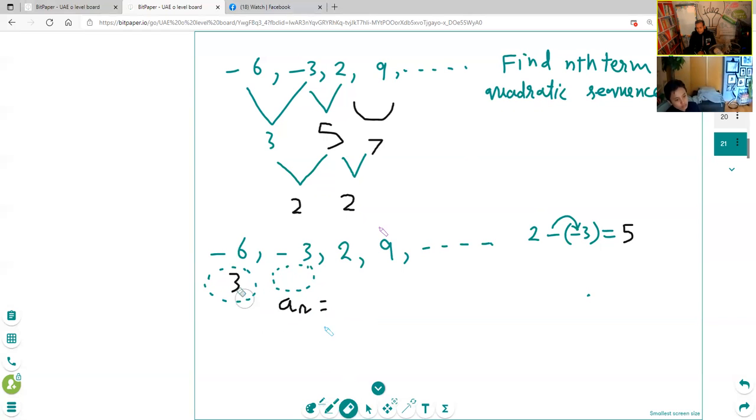No, wrong. First you write this was quadratic. 1 square, 1, 4, 9, 16. This is the sequence of square numbers. But how? You should write 1.